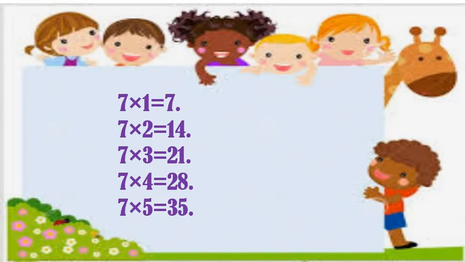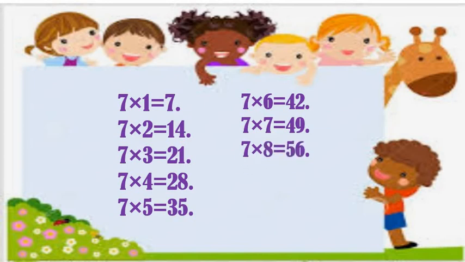Seven fives are 35. Seven sixes are 42. Seven sevens are 49. Seven eights are 56. Seven nines are 63. Seven tens are 70.